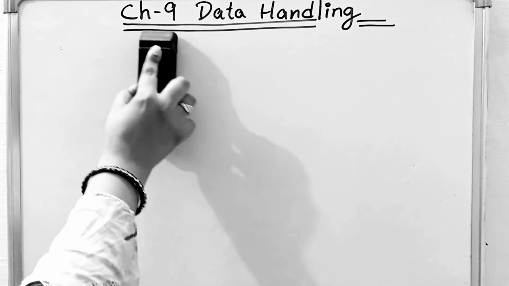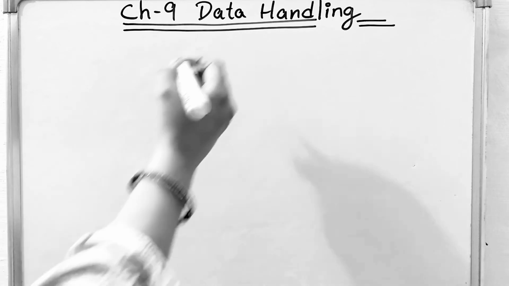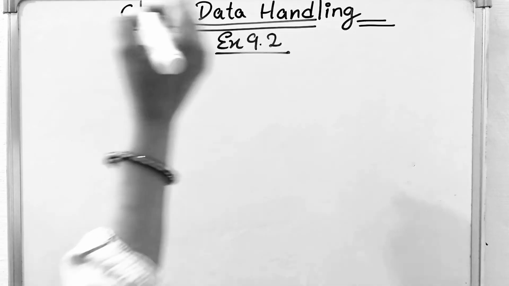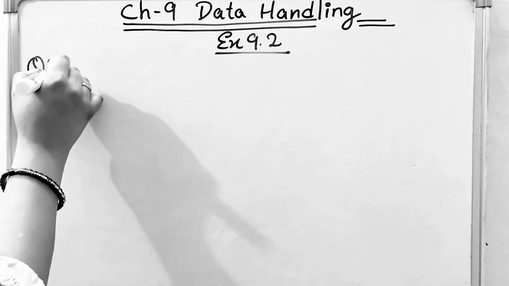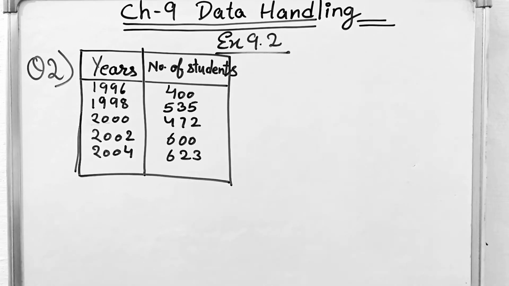So let's move towards exercise 9.2. I'll be solving question number 2. Question number 1 you can try yourself. In question number 2, they are saying total number of students of a school in different years is shown in the following table.